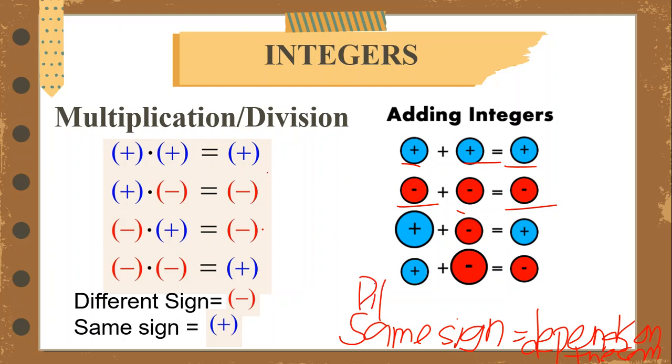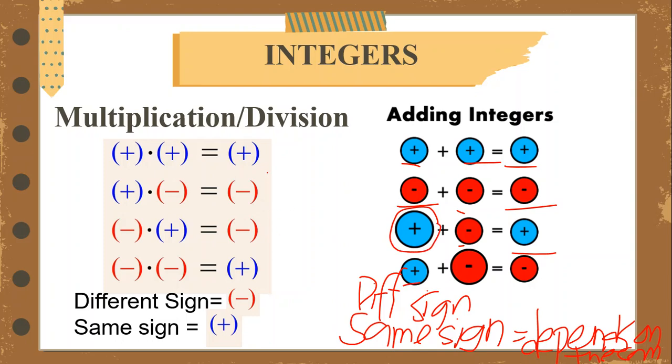However, for different signs, as you can see with the circles here, the positive circle is bigger than the negative circle, so we will use the sign for positive because positive is much bigger.